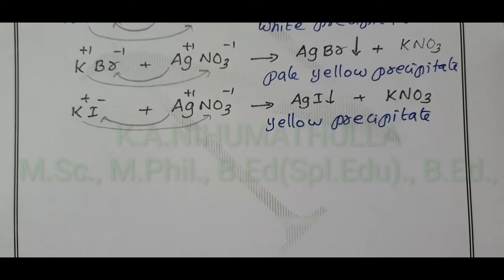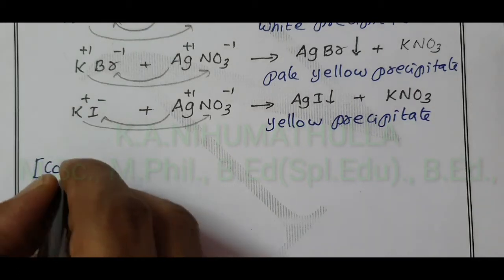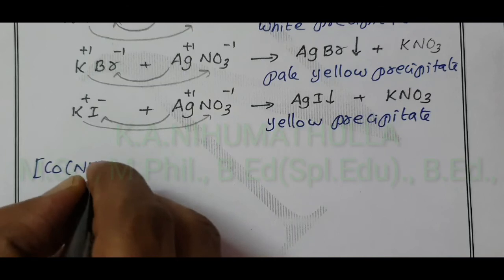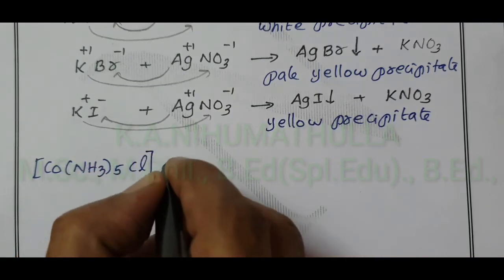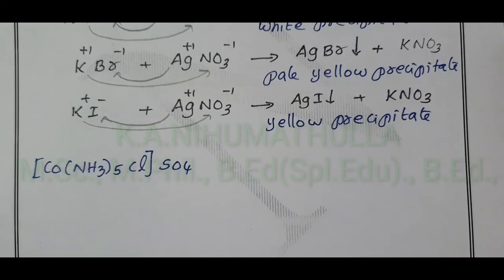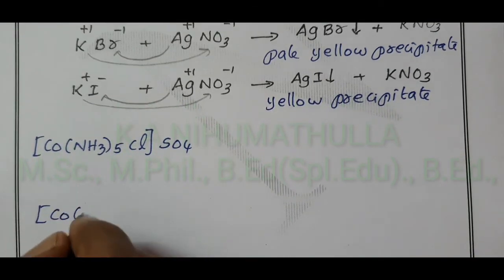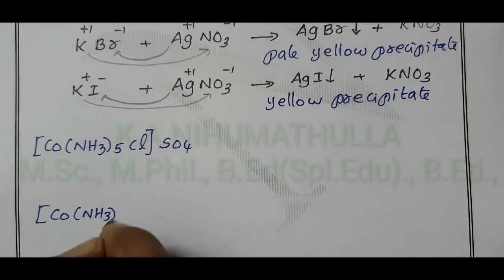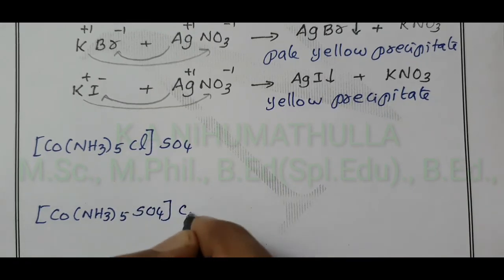The first complex given is Co 3 plus ion, NH3 five times, pentaamminechloridocobalt(III) sulfate. And one more complex given is Co 3 plus, NH3 five times, SO4, and outside of the complex 1 Cl minus ion.